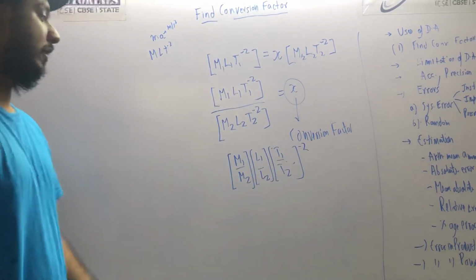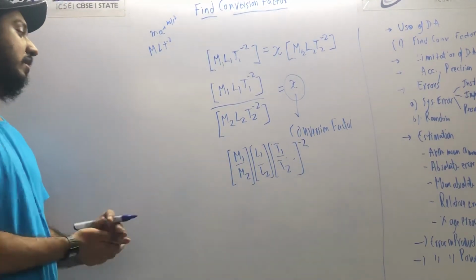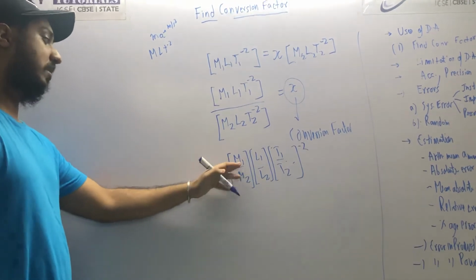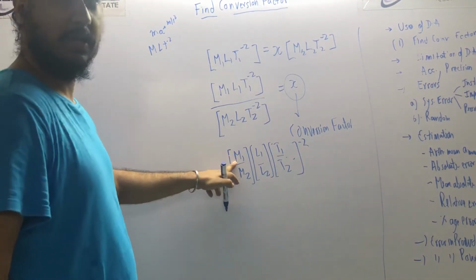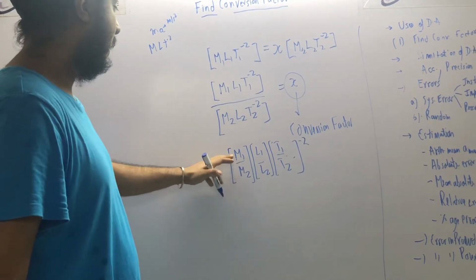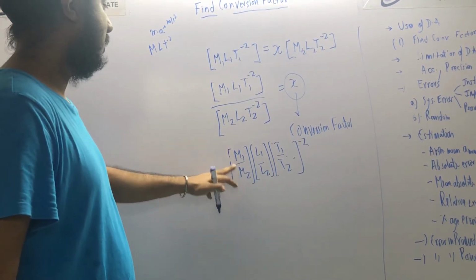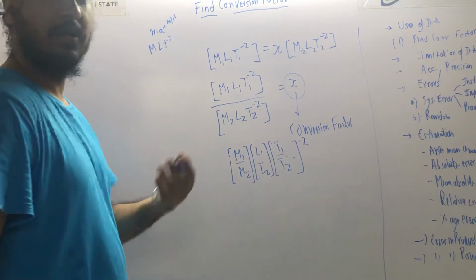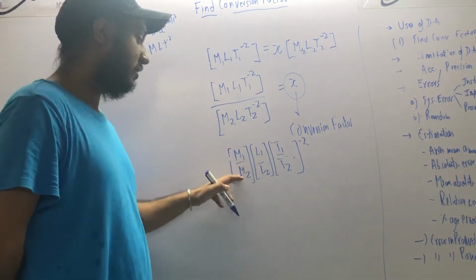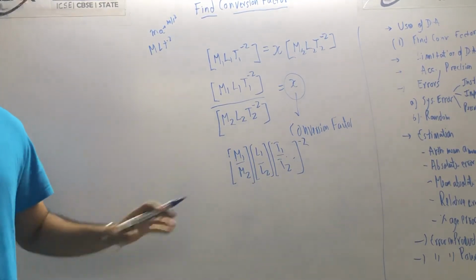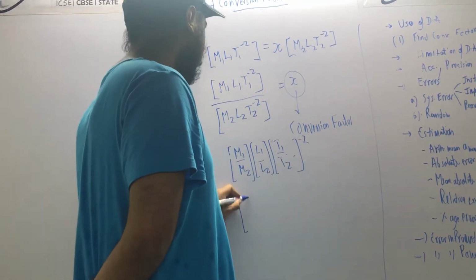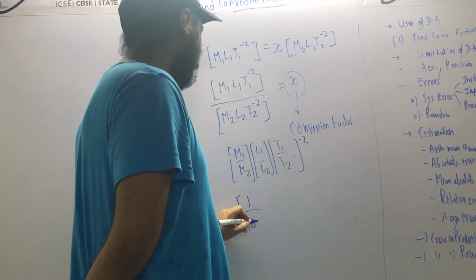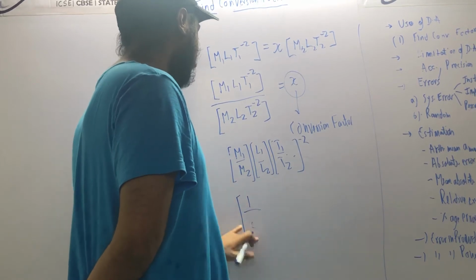Now let us assume m1 is 1 kg, and m2 is in the centimeter system, so this will be 1000. So 1 kg upon 1000, sorry, this is 1 gram.